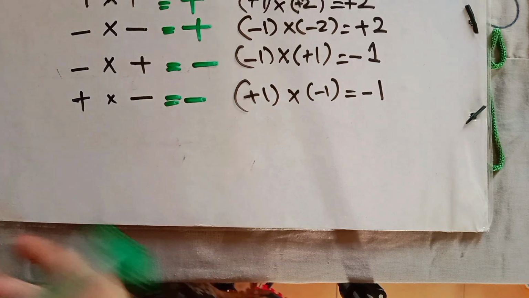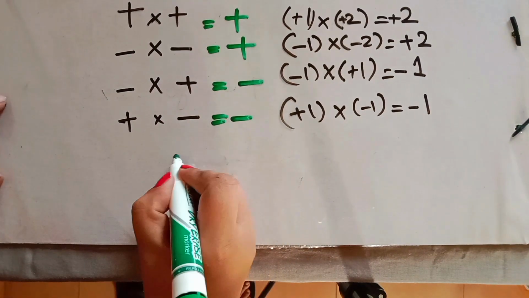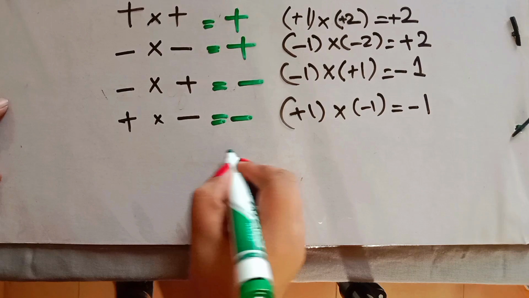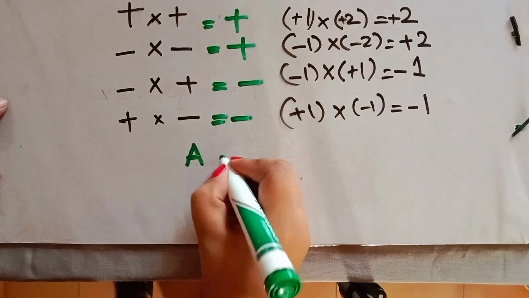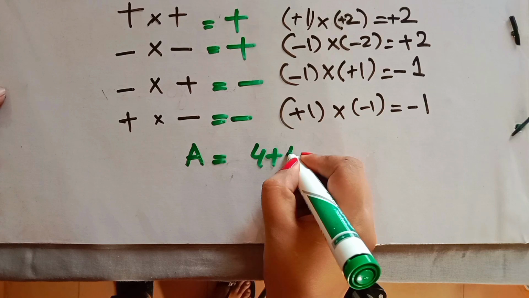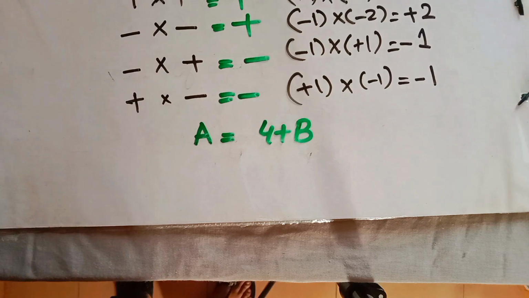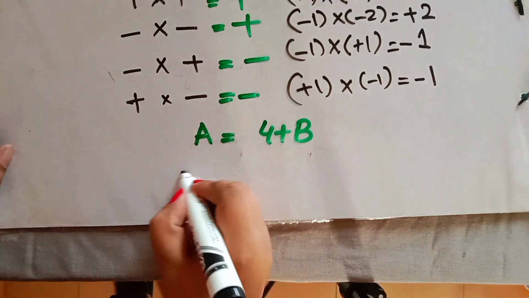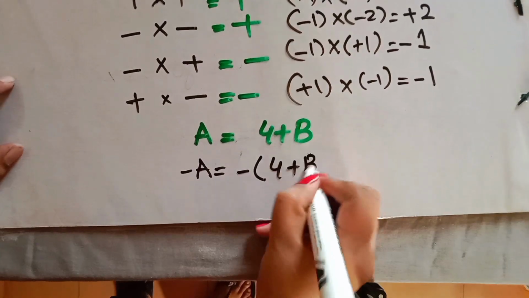Next we will learn how we apply a negative sign to brackets. For example, if we have a equals 4 plus b, then minus of a will be minus into 4 plus b.